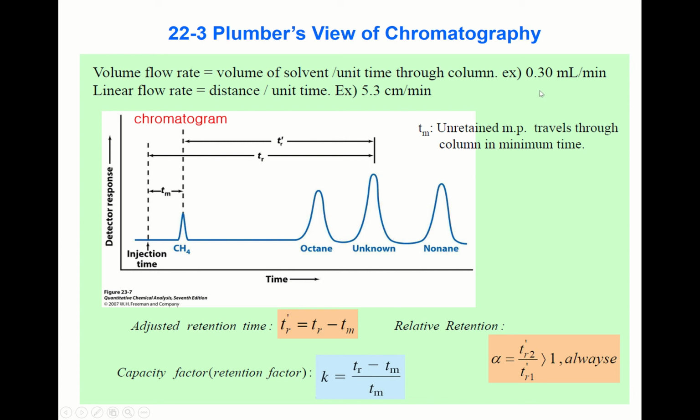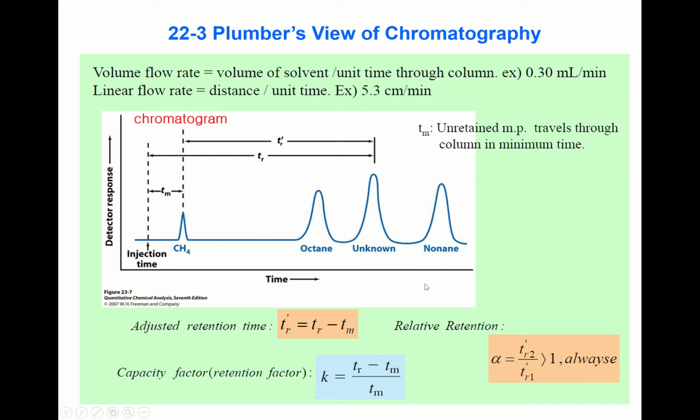It is expressed, for example, as 0.30 milliliters per minute. Time is usually in minutes, not seconds, because a second is too short. And linear flow rate, as the name indicates, is the distance per unit time, for example, 5.3 centimeters per minute.